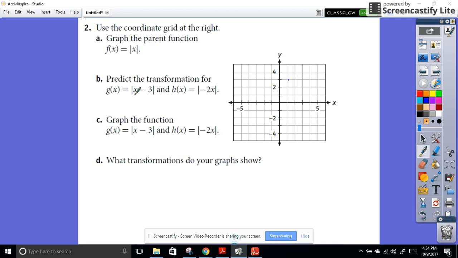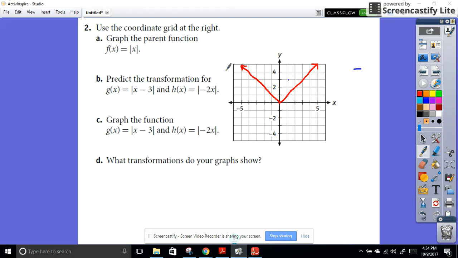We know that they affect the graph vertically. Okay, so absolute value, everything that we're doing in this section is about absolute value. But the good news is that everything that you learn about these parameter changes and the absolute value function will transfer later to other functions.